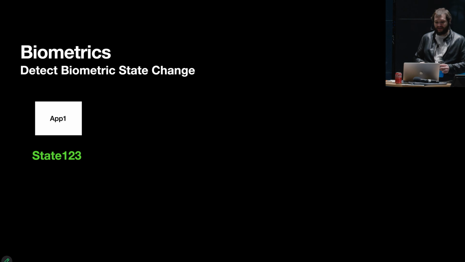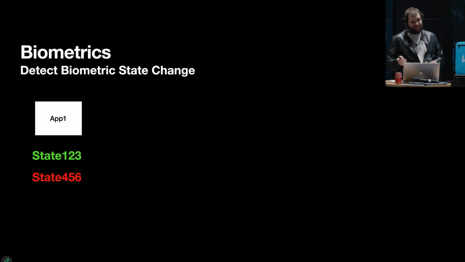For example, you have the app and you have a state. It's a string, like 1, 2, 3 or something. This is just an example. And then you get something else, and you know that your biometric signature has changed.